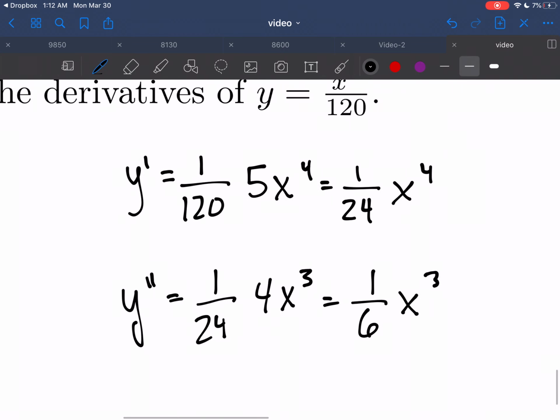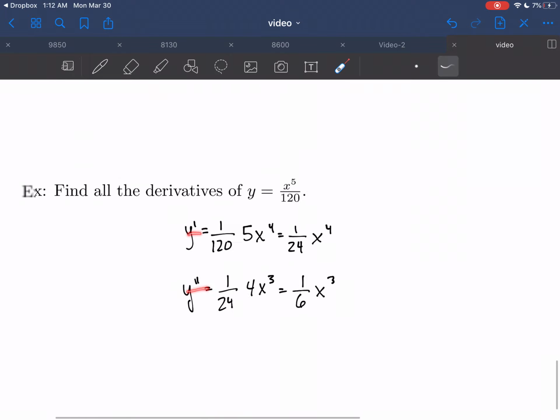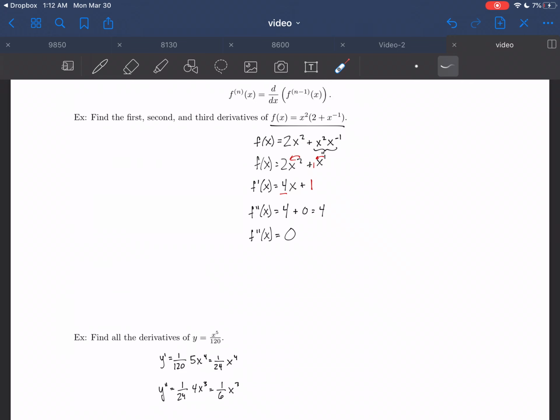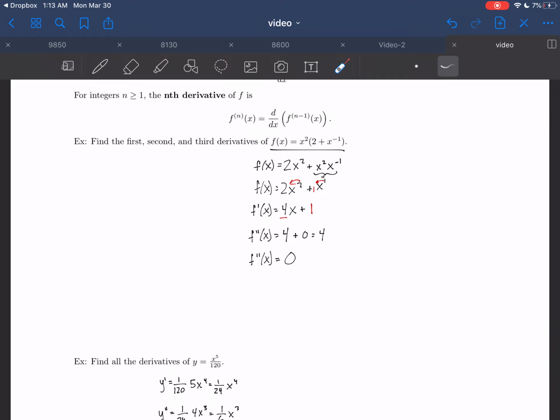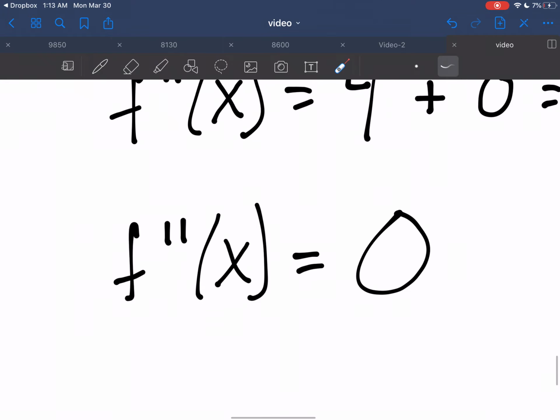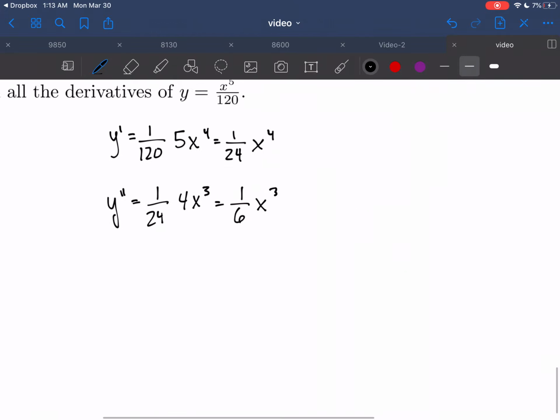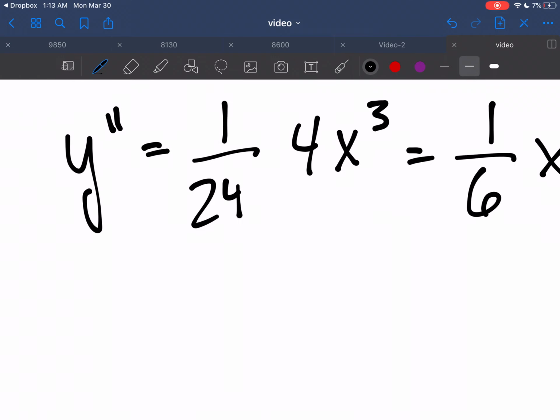All right, so first derivative we can mark with a prime. Second derivative we can mark with a double prime. And third derivative, I made a typo here. Third derivative we can mark with either 3 primes, or what's common is to write y with little parentheses around your exponent, the number being whatever derivative it is.